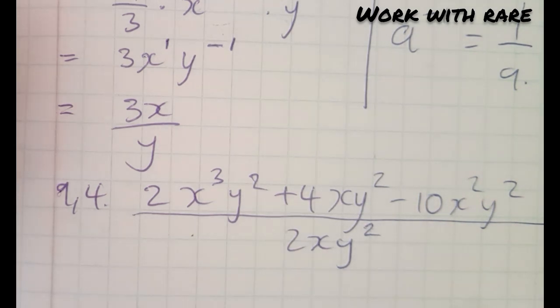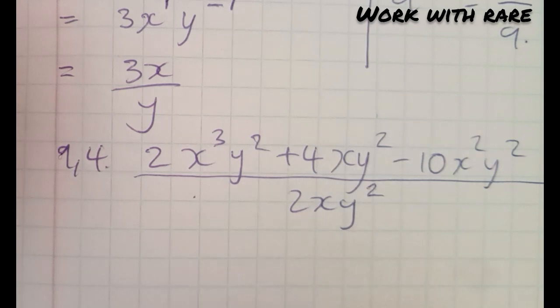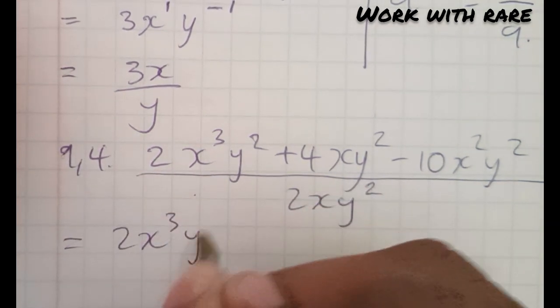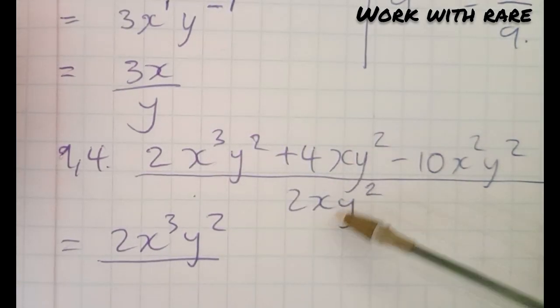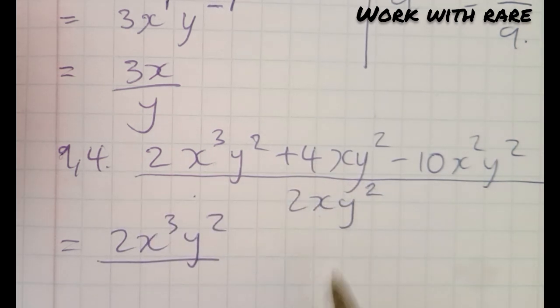While we look at our denominator, we don't have like terms. So we'll have to split it into 3 because we have 3 terms in our numerator. We'll write it the way it is. This will go with this, this will go with this, this will go with this. Remember, this is all over this denominator.